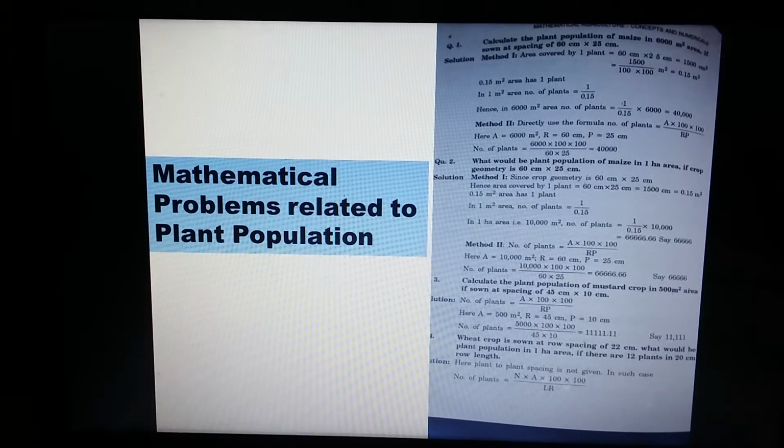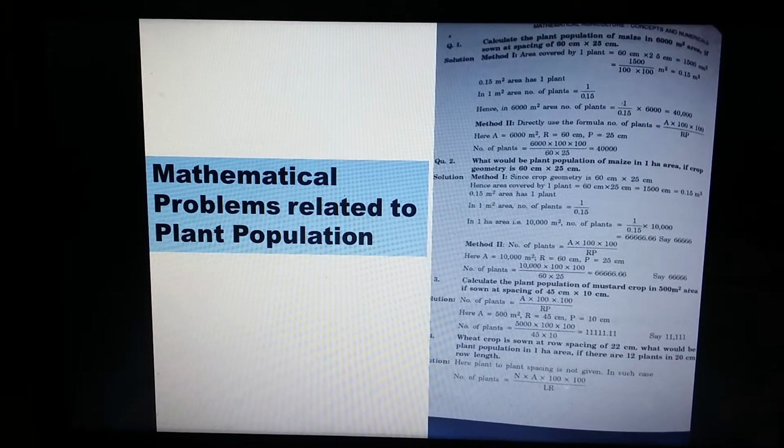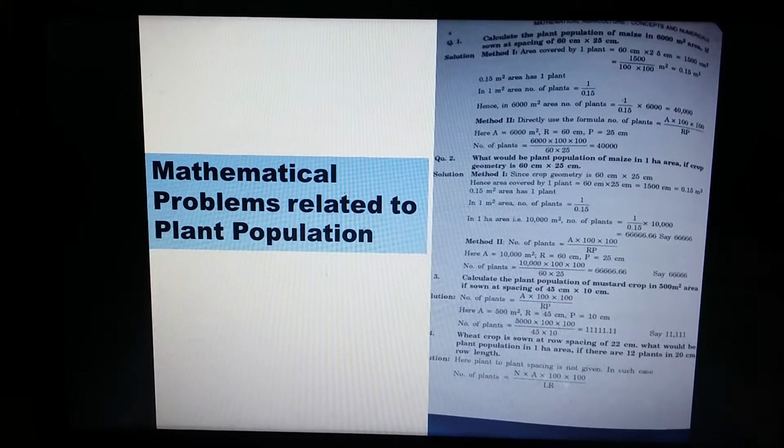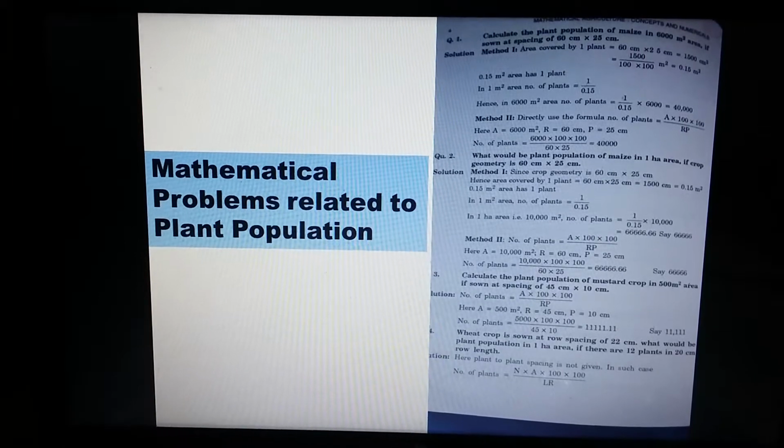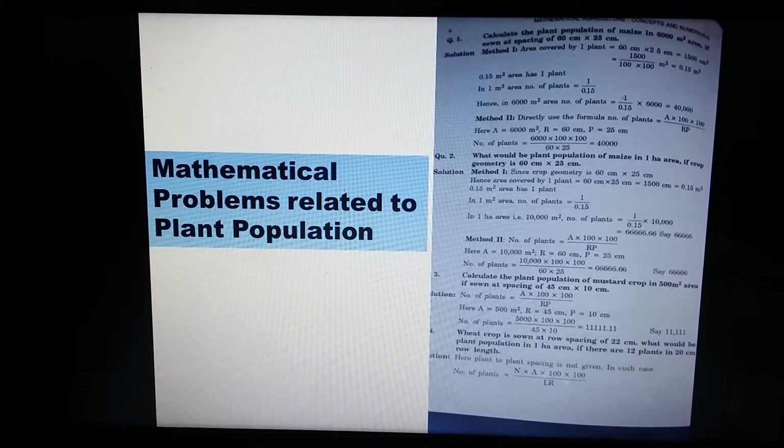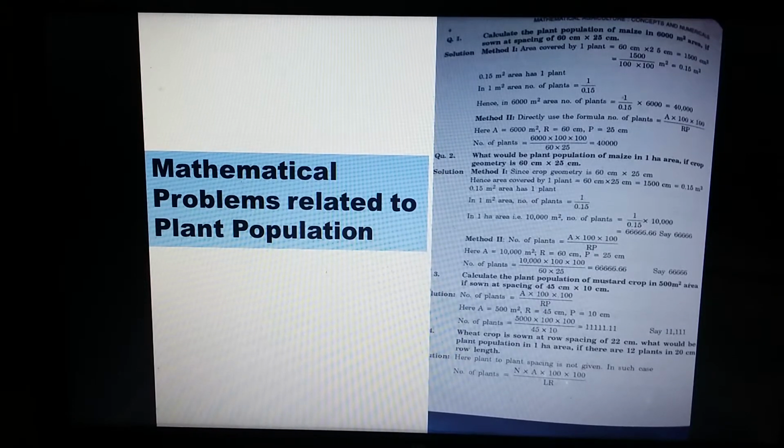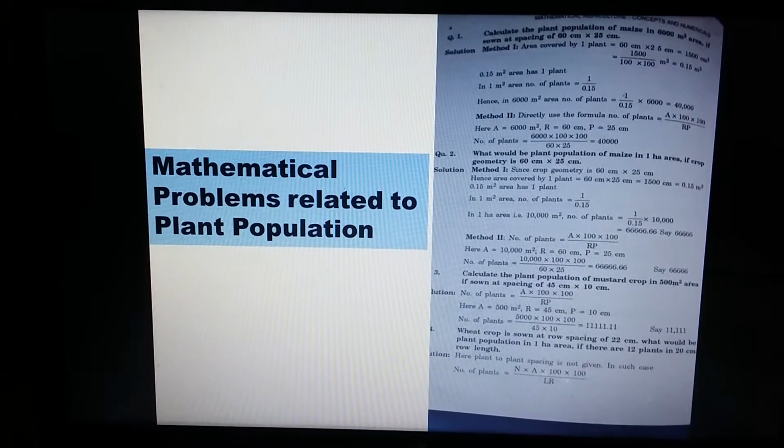So the number of plants is 11,111.11. But we should not accept the fraction. So the plant population is 11,111.